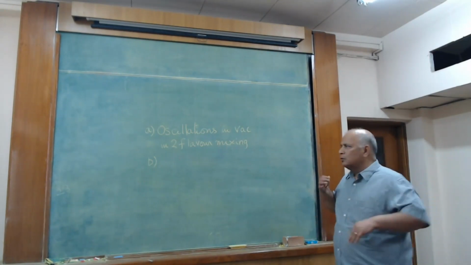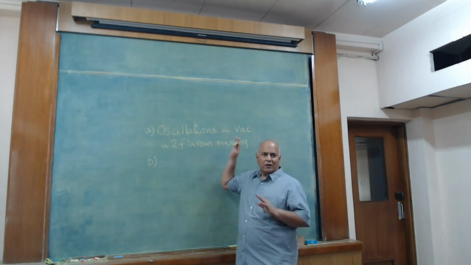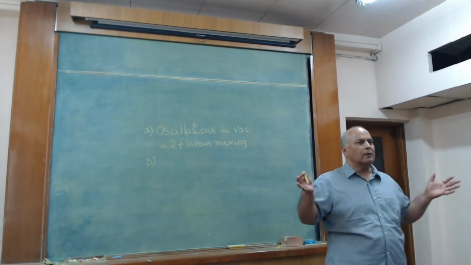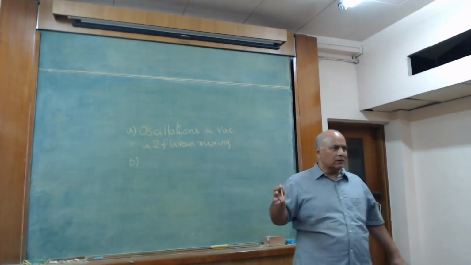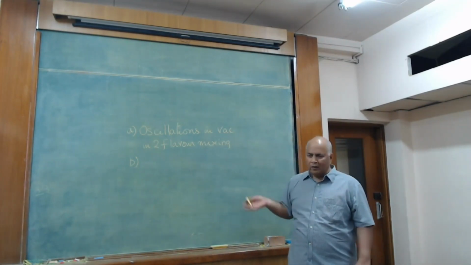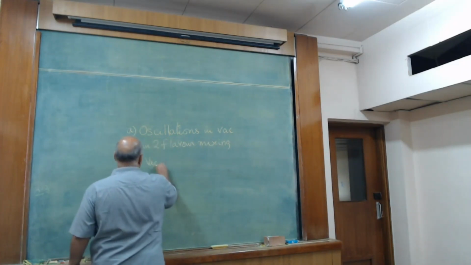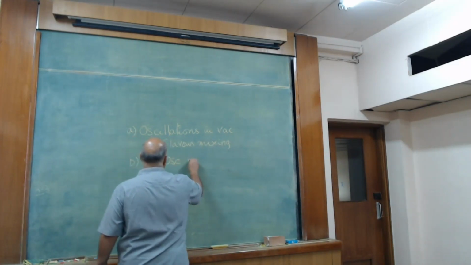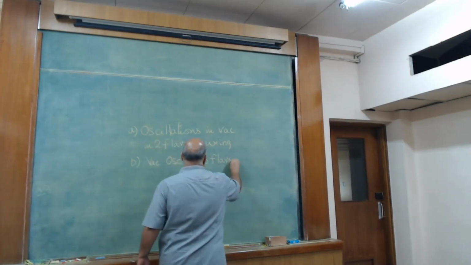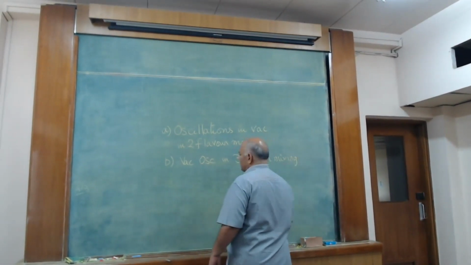So to get an appreciation of what oscillations are about without being overwhelmed by the algebraic details, we will consider this first, and then we will consider vacuum oscillations in three-flavor mixing.